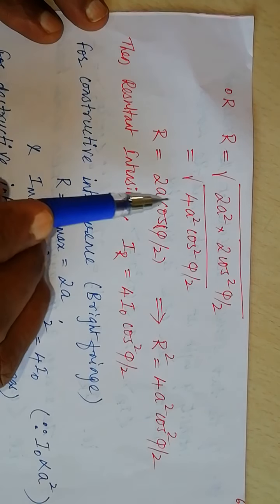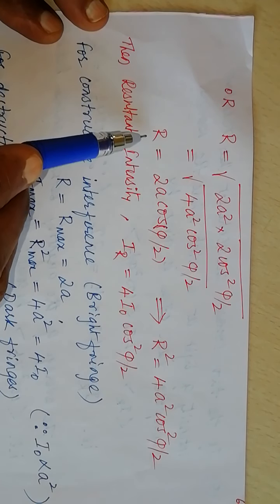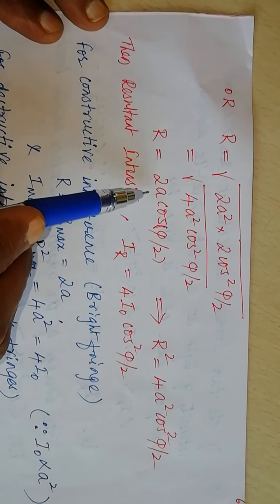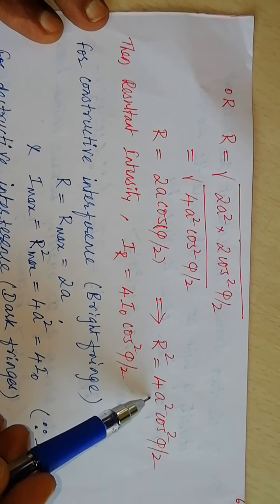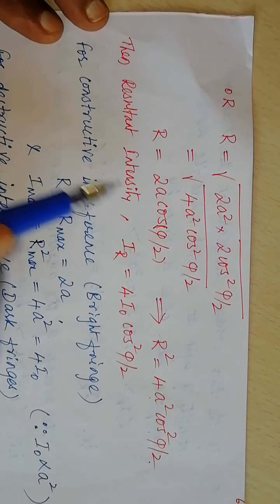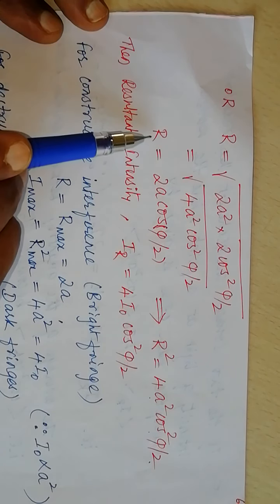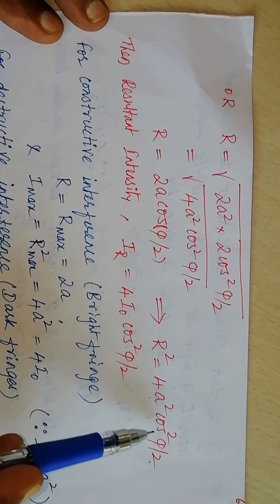So 2 into 2, 4A square cos square phi by 2. So resultant amplitude is 2A cos phi by 2, or R square equals 4A square cos square phi by 2.